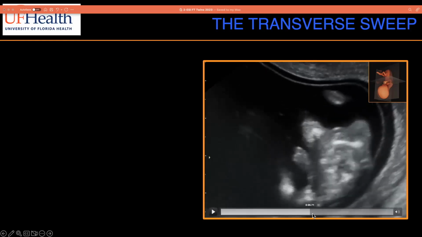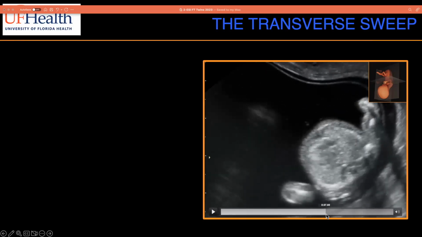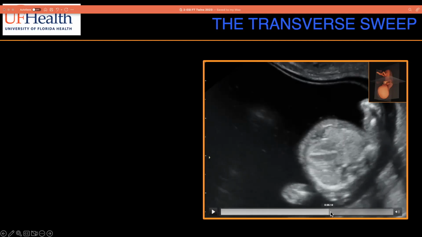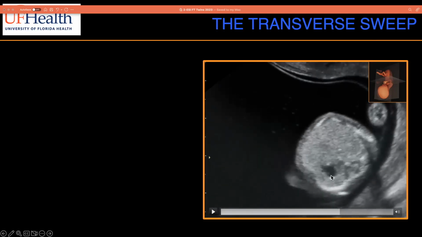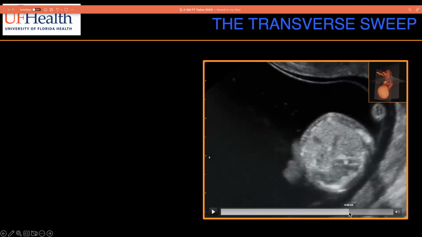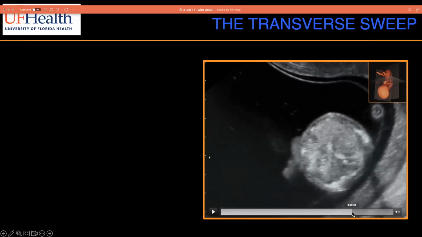And then as I continue on down, I'm going to get into my 4-chamber view. And here is my septum there, aorta in cross section. Continuing on down, here is my stomach. And continuing on down, I barely can make out a little bit of the left kidney there.